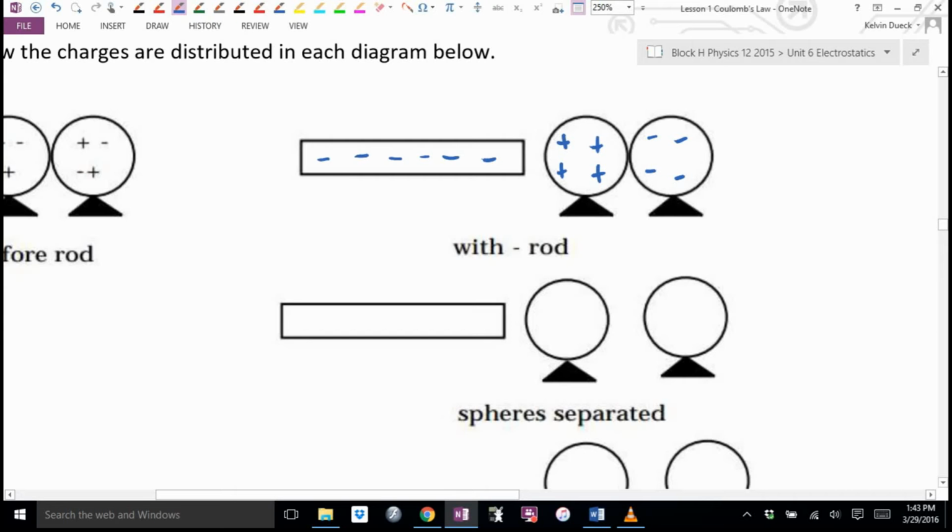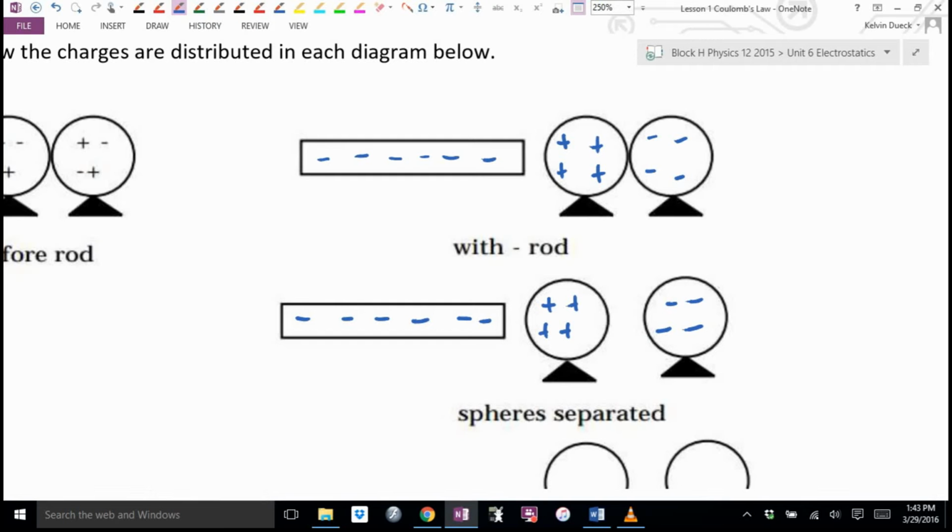Now, with this rod, have we actually touched this yet? So have we transferred any charge? Have we conducted any charge? No. Now what we're going to do is grab the base of the second sphere carefully and just slide it to the right. That's going to leave us with this. Have we touched the rod to the spheres yet?